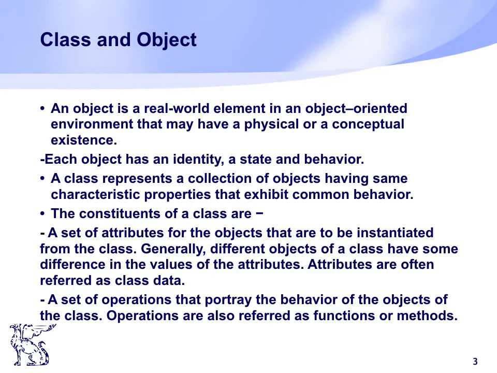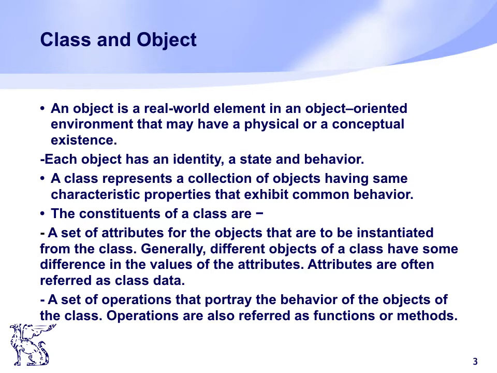So each object has an identity, a state, and a behavior. So what is an identity? Identity actually distinguishes it from other objects in the system. Like every student has an ID, right? So using those IDs we can distinguish one student from another. So that's an identity. And the next one is state.